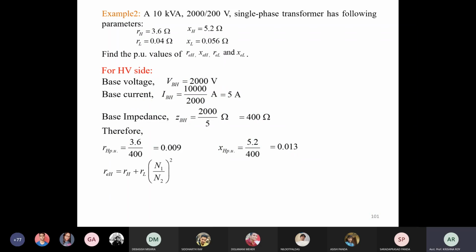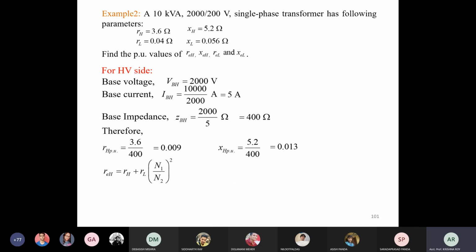Next, you have to calculate the REH. REH means equivalent resistance referred to high voltage side. REH can be calculated using this formula: high voltage side resistance plus low voltage side resistance referred to high voltage side.